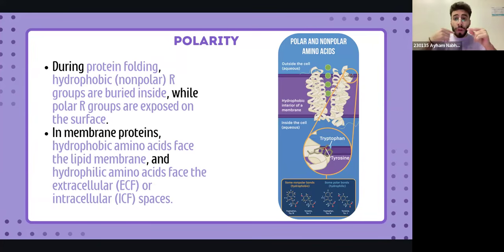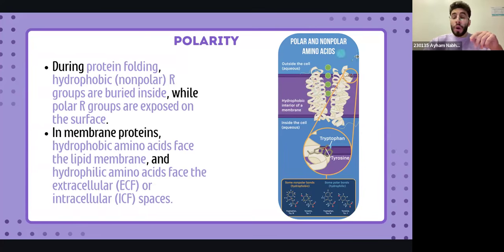During the protein folding and the synthesis of proteins, the hydrophobic or non-polar R groups are going to be placed inside the plasma membrane. So as you can see over here, this is a protein having its own amino acids. The non-polar or hydrophobic amino acids are going to be placed throughout the plasma membrane, as you can see over here.